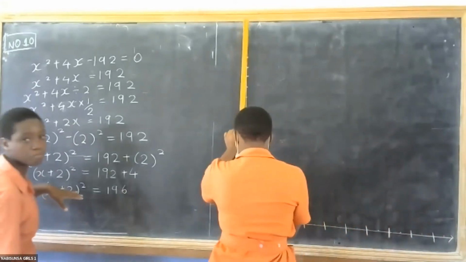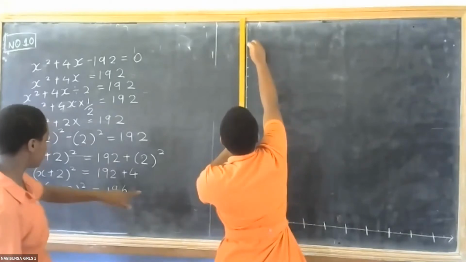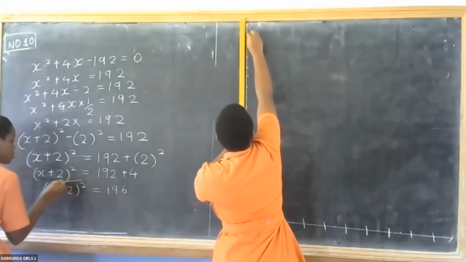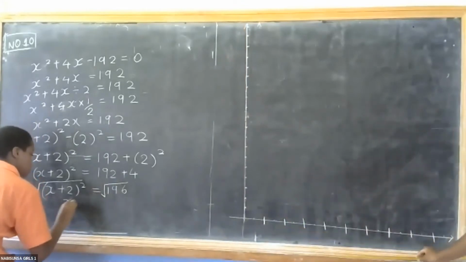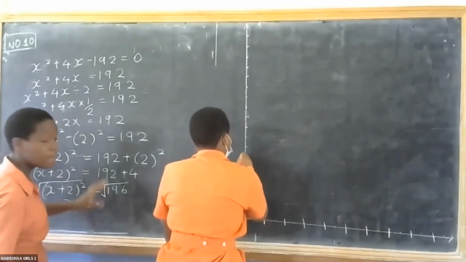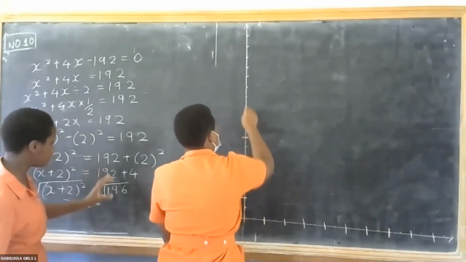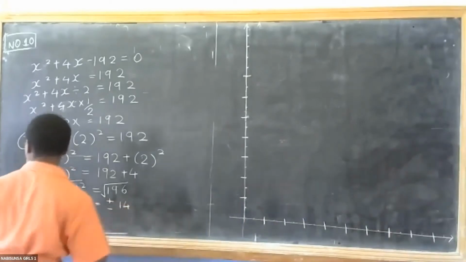In order to get rid of this square, you take the square root on either side. So x plus 2 will be equal to either positive or negative 14.